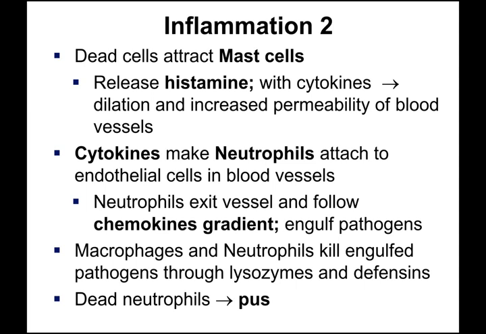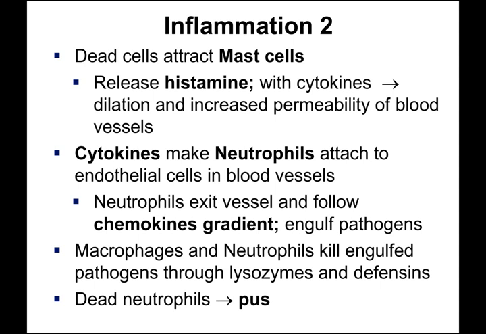It's possible that the pathogen is actually killing also the macrophages, and so these cells get activated by that. They release, first of all, histamine. Histamine is what ultimately, together with cytokines, causes the dilation of the blood vessels, of the capillaries. So basically, this is getting the capillaries ready to let more cells move into the affected area.